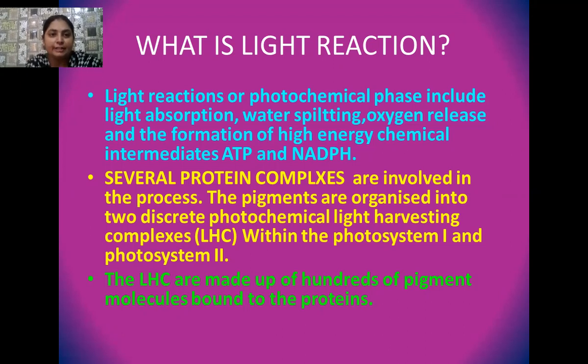Now I am going to tell you what a light reaction is. As I have already discussed, light reactions, or the photochemical phase, have certain important events that occur during these reactions. Number one among these is light absorption. As you know, students, in the leaves of the plant a green pigment is present, and that green pigment is chlorophyll.